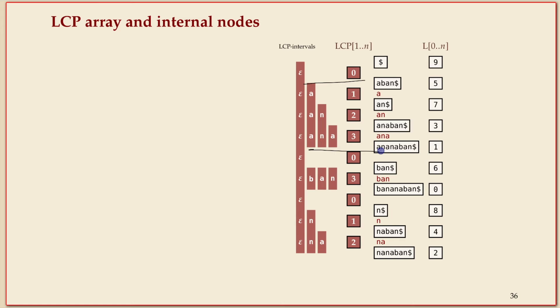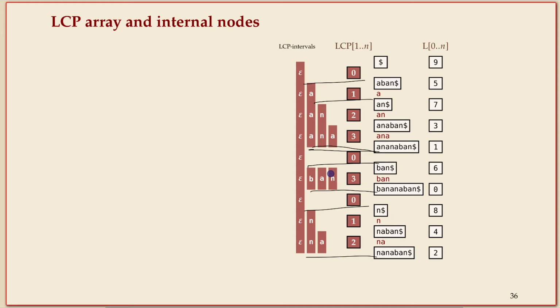They all start with an A, and there's a similar range for things starting with a B and starting with an N. Now within the range of all the things that start with an A, there's another range, namely this one, of all the things that start with AN and then something else. All right? And similar for the other things.